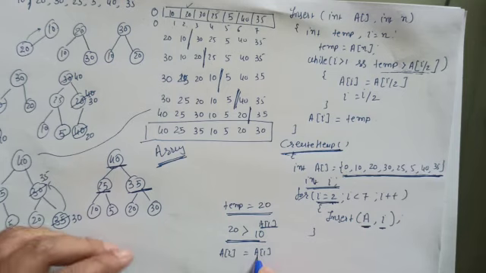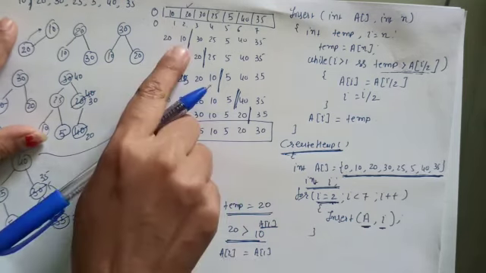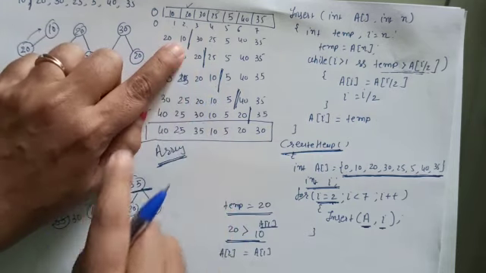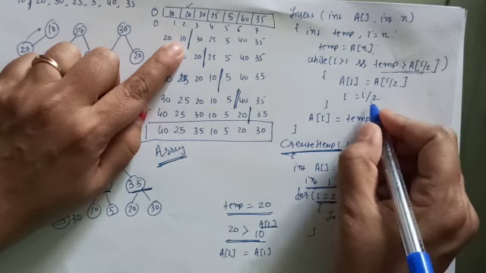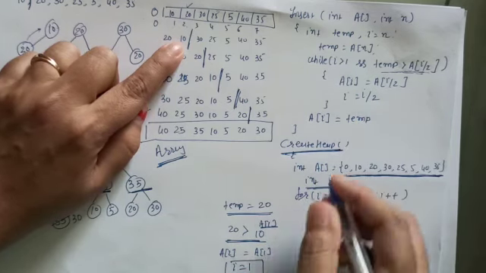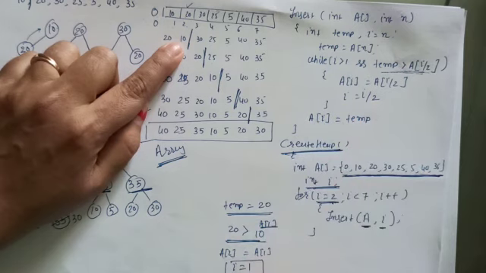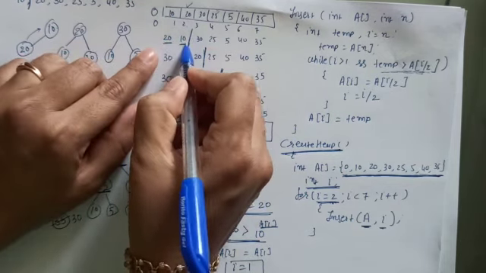So a of 1, which is 10, would be placed at 2. So 10 would be placed here. And i by 2 is nothing but 1. So i is equal to 1 now, and temporary is 20. So 20 is assigned into a of 1. So at a of 1 there is 20 and at a of 2 there is 10.